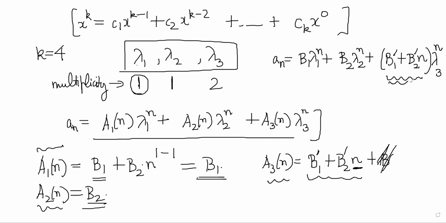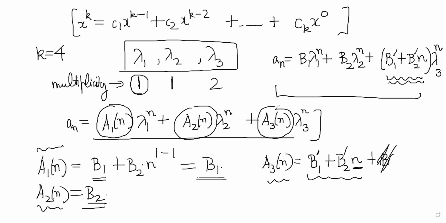This is because of the repeated roots nature here. So that is what theorem 2 basically says. You have to construct functions of n here, and these functions of n will be polynomials of degree up to Ti minus 1, where Ti is the multiplicity of that root in the characteristic equation.